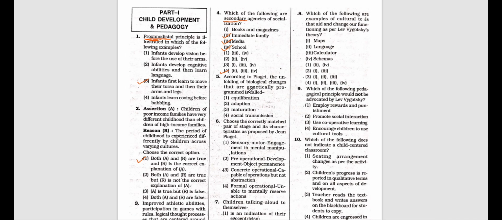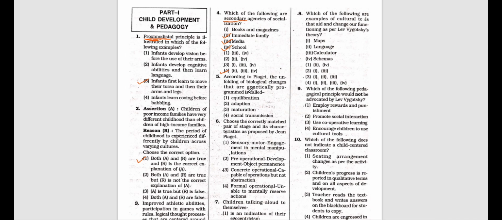Now explore 4 of the most influential agents of socialization in childhood. What do the agents of socialization include? It includes our school, peers, media, family, right? Friends, school, books, and media are some examples of secondary social agents.